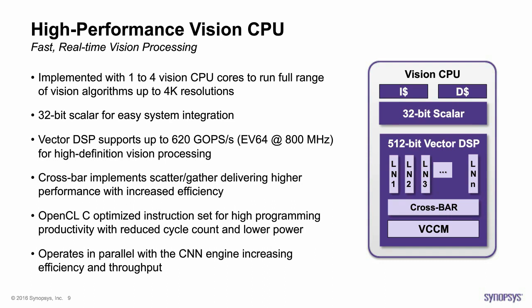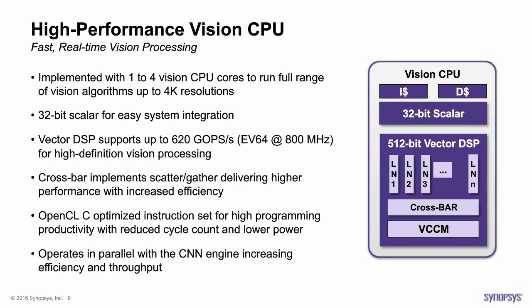The vector DSP has been designed to be programmed with OpenCL C with full vectorization capability to make it easier to program, but also because we designed it to run OpenCL C, it's also more efficient, so it reduces the number of cycles and the power consumption. That was intentional.